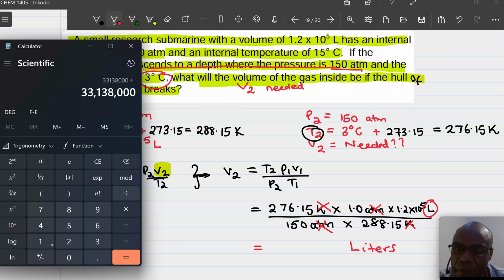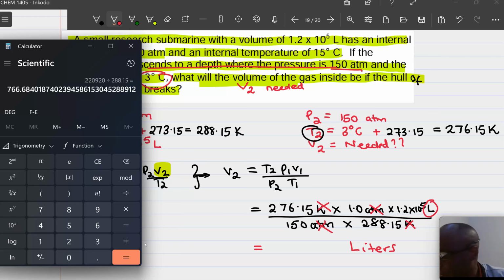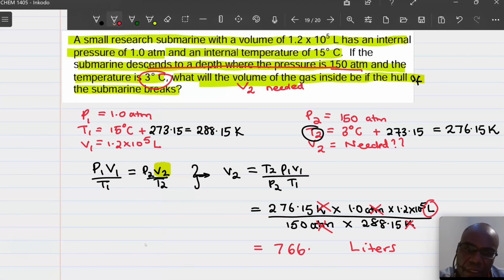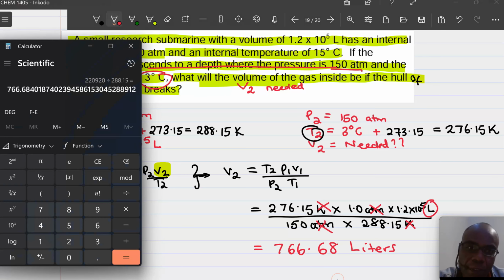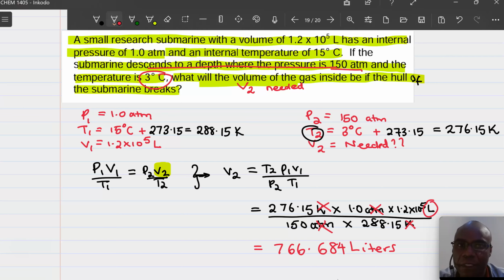And then I'm going to divide that by 150 and then divide it again by 288.15. The answer I'm getting is 766.68 liters.